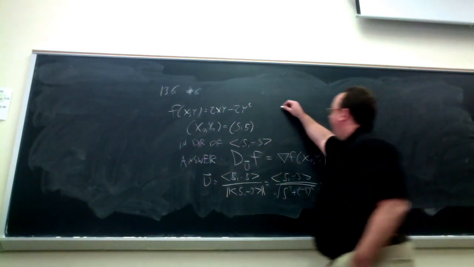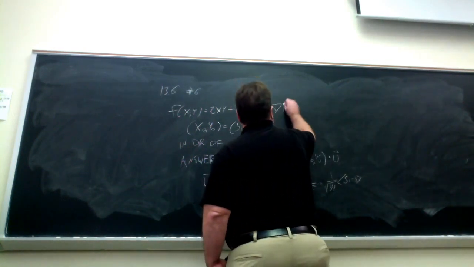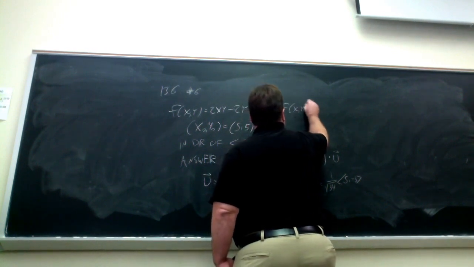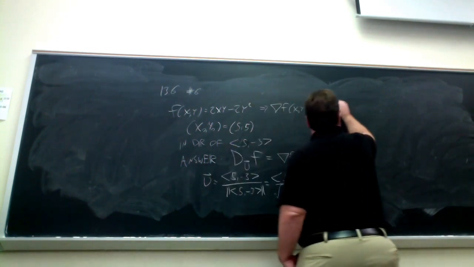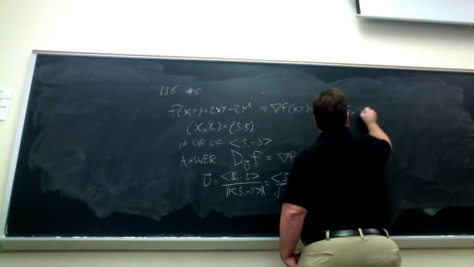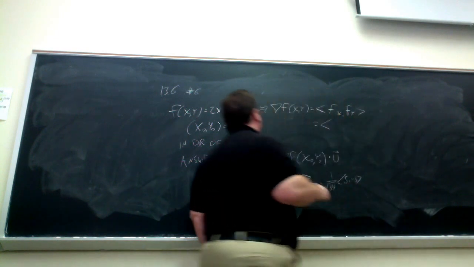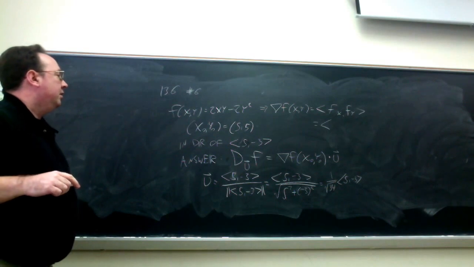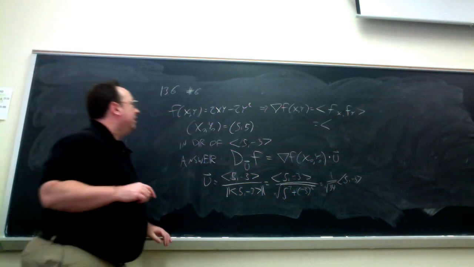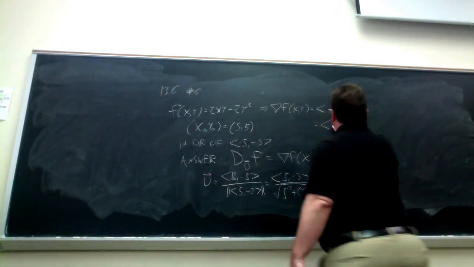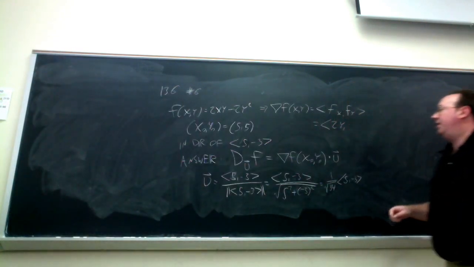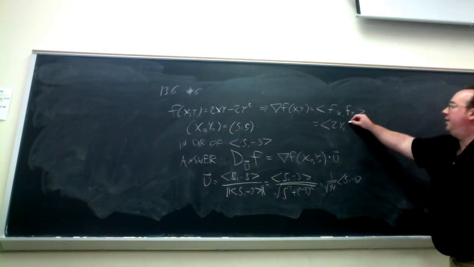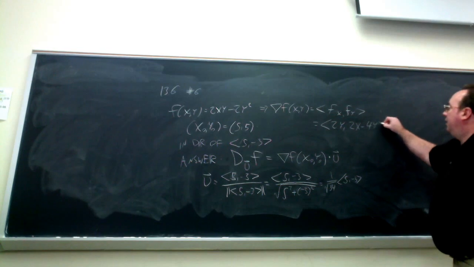Now, the gradient will fill in up here. So df dx, df dy, the gradient is what? The partial derivative of f with respect to x is 2y, and with respect to y, 2x minus 4y.